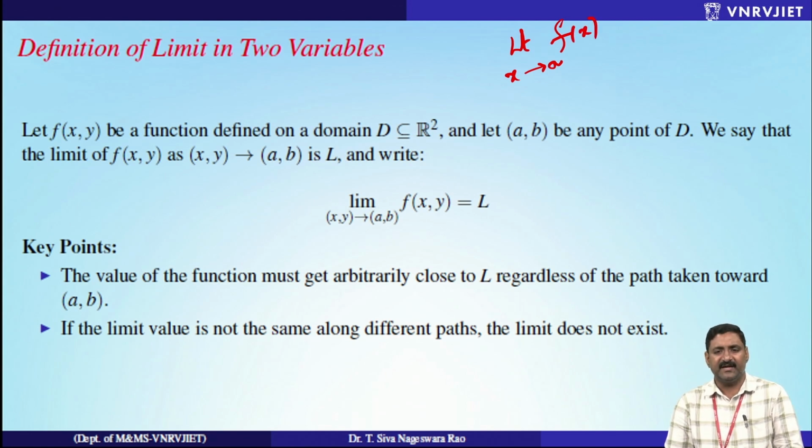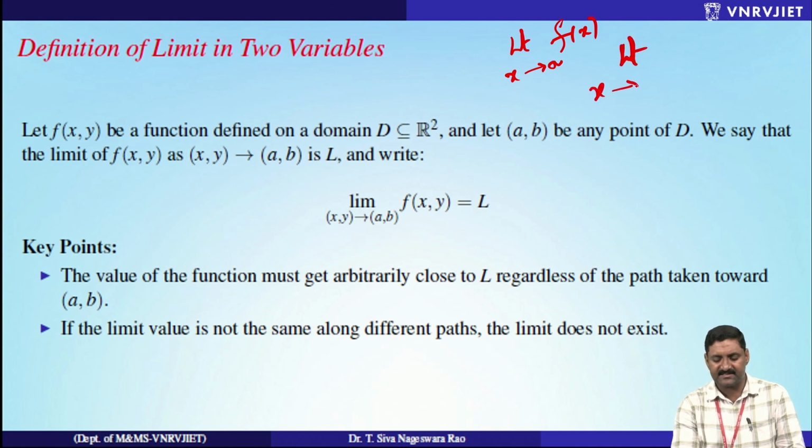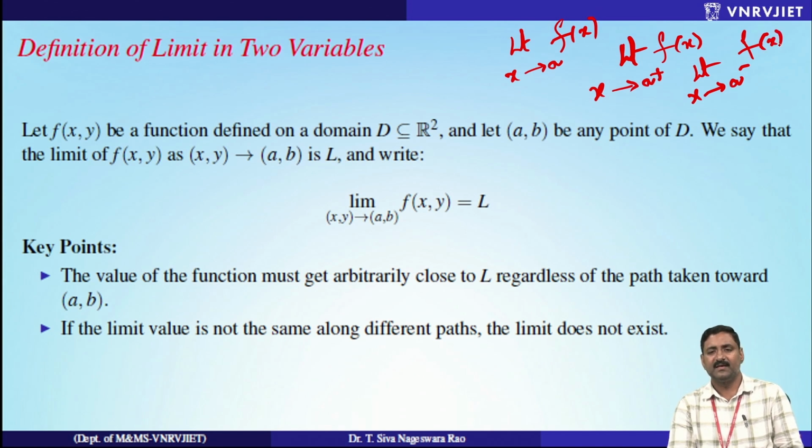For a function involving only a single variable, we see only two directions. One is limit as x tends to a plus of f of x, which we call the right hand limit. Similarly, limit as x tends to a minus of f of x is called the left hand limit. If both are the same, then only we can say the limit exists.